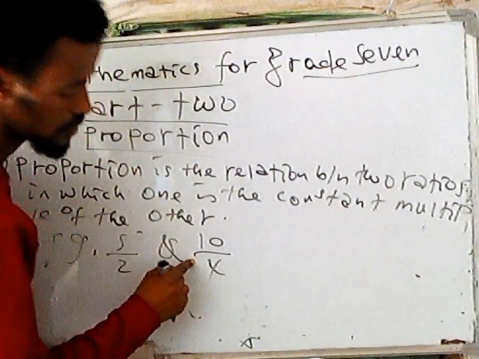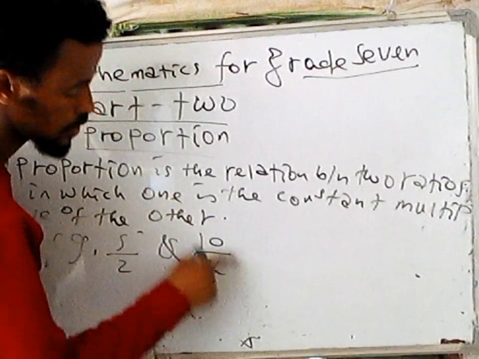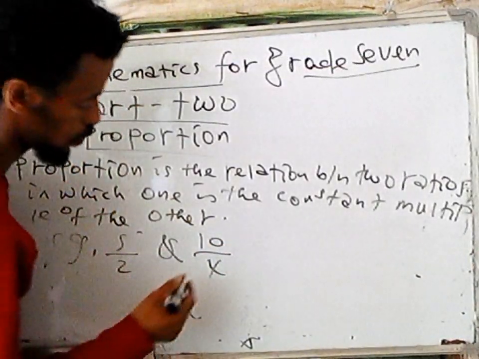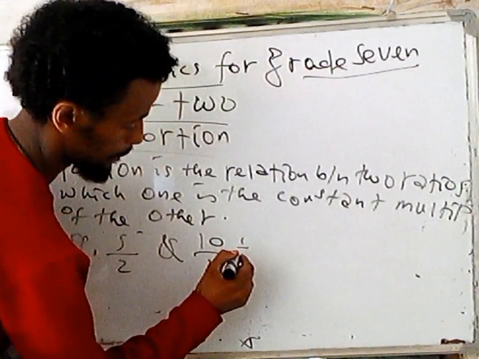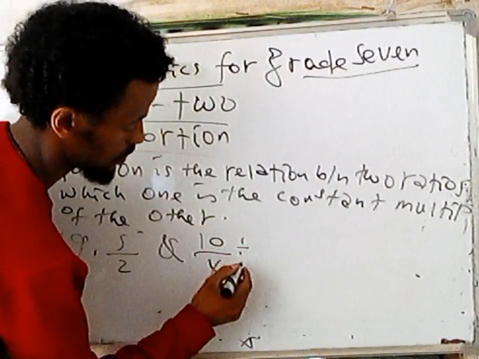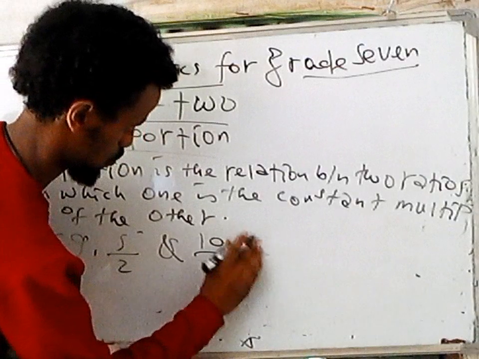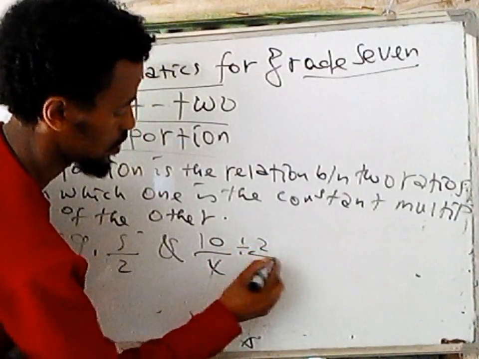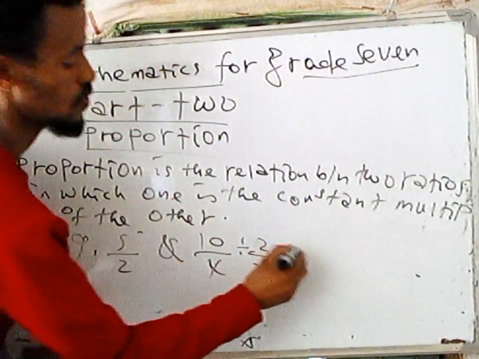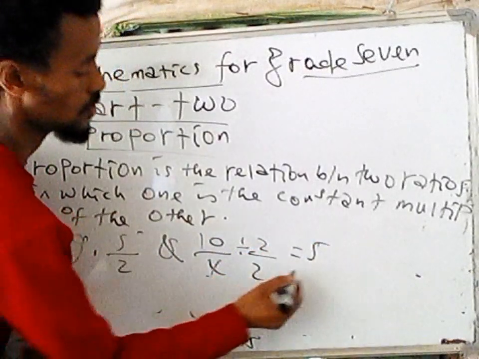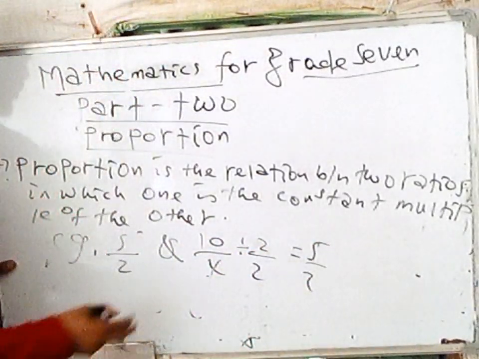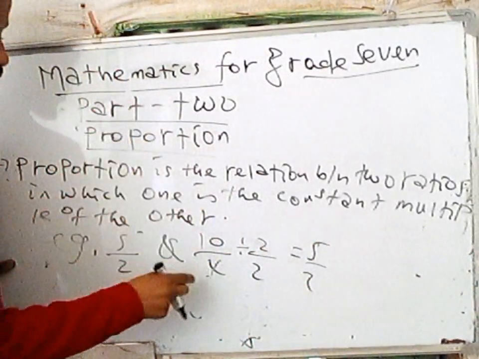We can put this term into simplest form. Both sides are divided by what? By 2 over 2. 10 by 2 is 5, 4 by 2 is 2.